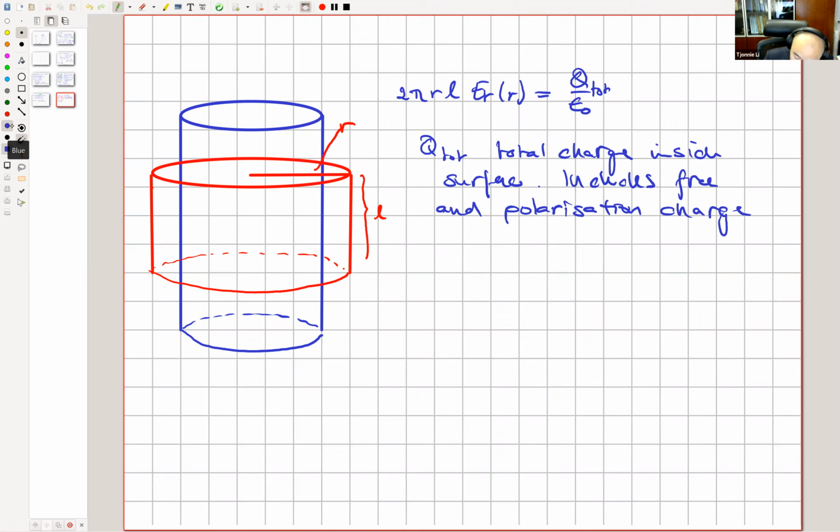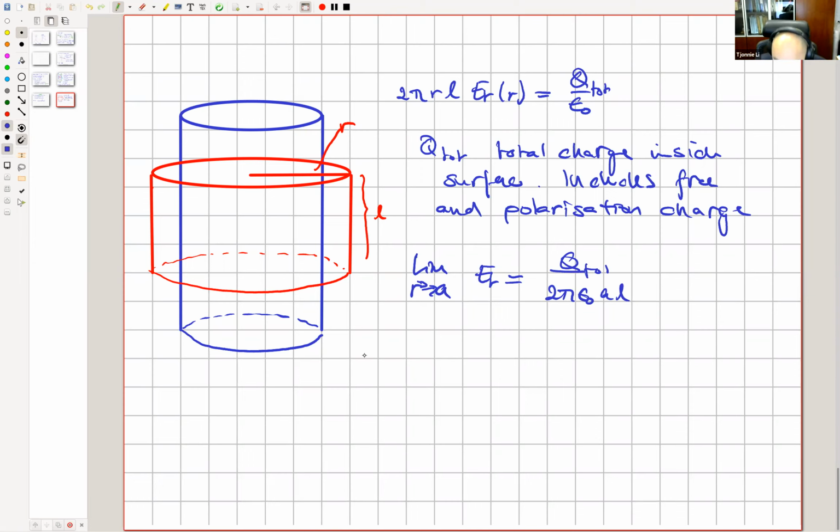So what I can write is that, in the limit of r going to a, when I shrink this all the way to a, r simply turns into a, so that is just Q total over 2 pi epsilon naught a L. Okay, so of course this total is just Q. In which case, what do I have?